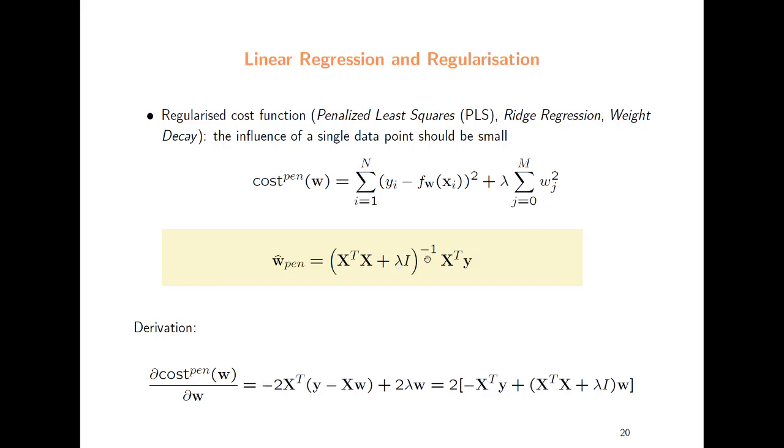You take the inverse of this times x transpose y. So from a computational point of view, basically no more cost, but maybe a more stable solution. And we get this by just also taking the derivative of this expression, which is 2 lambda w, and then you order these terms accordingly, the w terms and the rest, and then you get this solution very quickly.